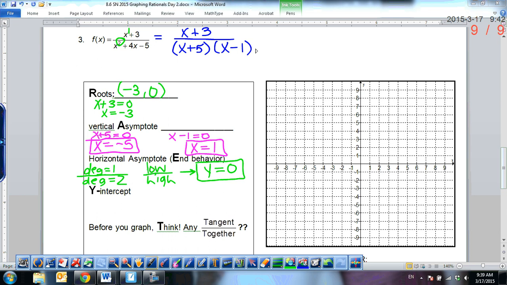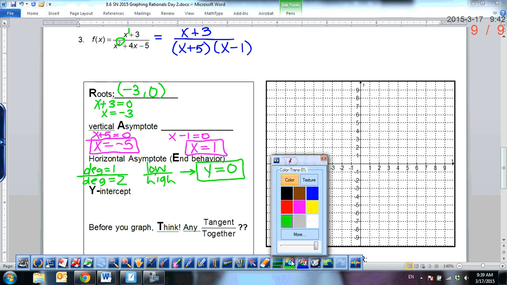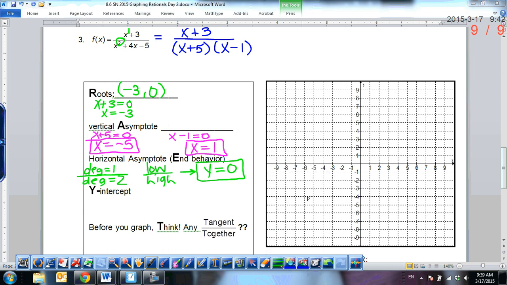All right, y-intercept. Which form is probably best to find our y-intercept? The non-factored one, because anything with an x in it is going to go away. So I'm going to plug into the non-factored one. So 0 plus 3 over 0 plus 0 minus 5. Because isn't 4 times 0, 0? And isn't 0 squared 0?